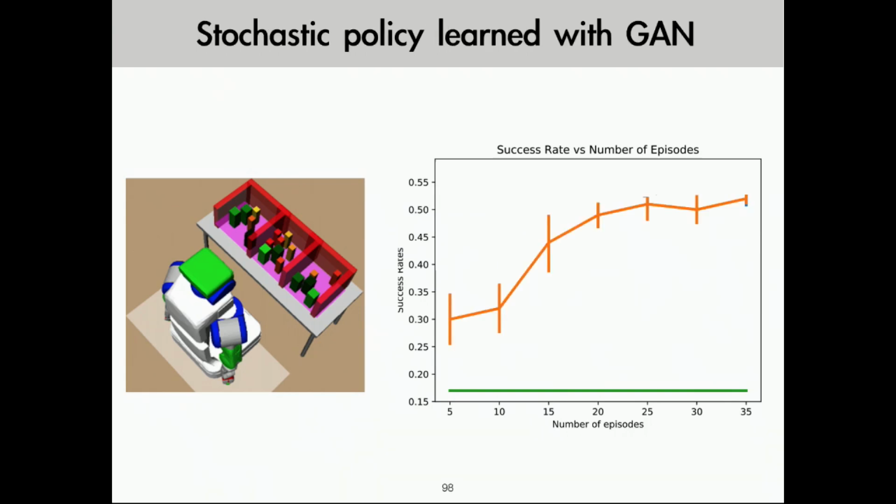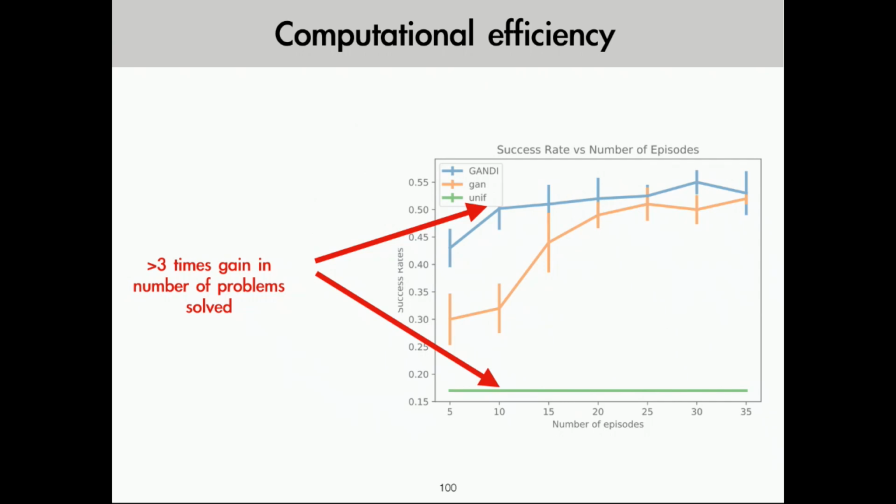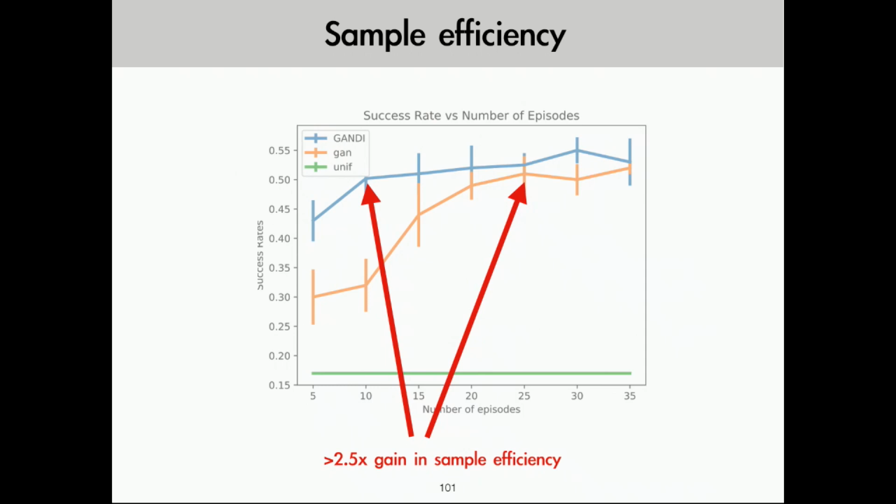If we train GAN with 35 training episodes, it solves about 50% of the problems. If we use GANDI, we solve about 50% of the problems with just 10 training episodes. So this is a 3 times gain in computational efficiency, as well as a 2.5 times gain in sample efficiency, with respect to how much training data you have to give to each of these learning algorithms.